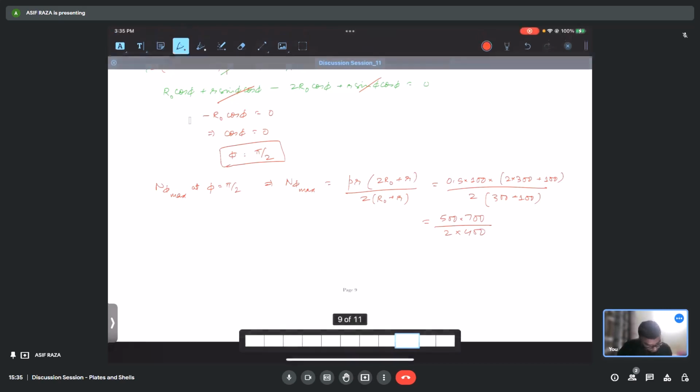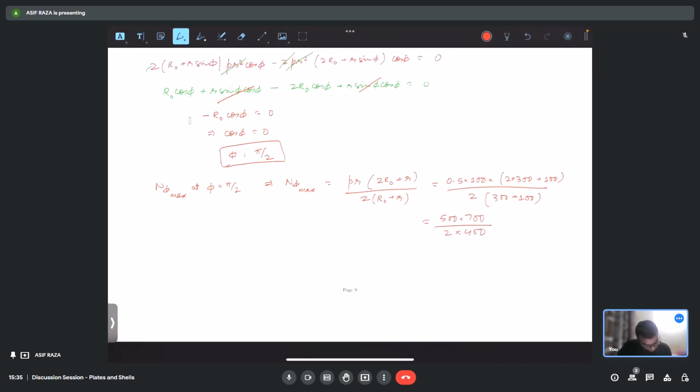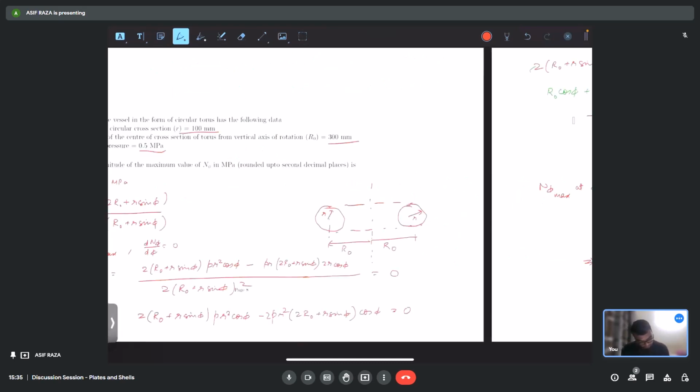So it will be like 3500 by 8, and phi max equal to 437.5 Newton per mm.